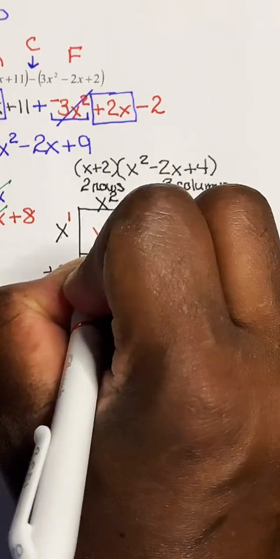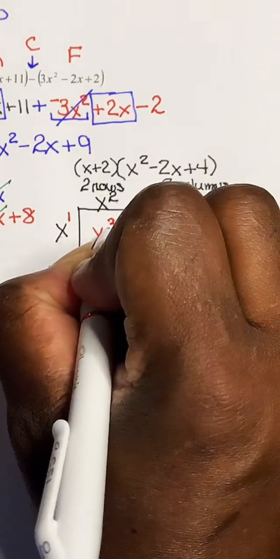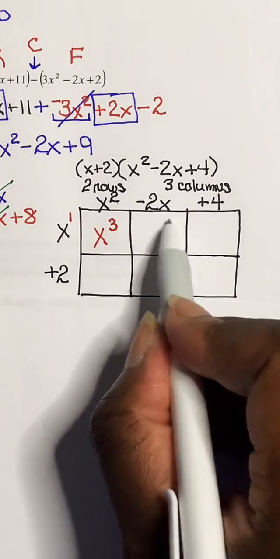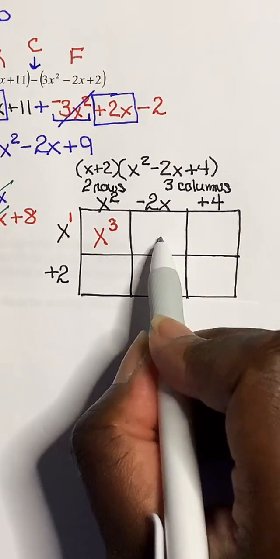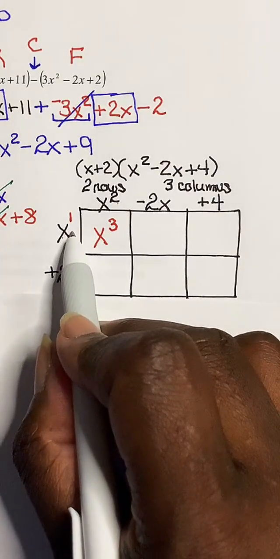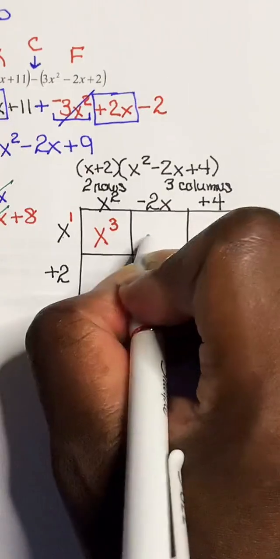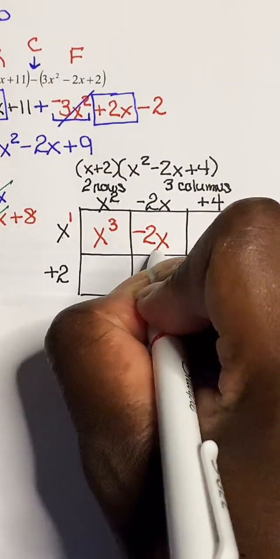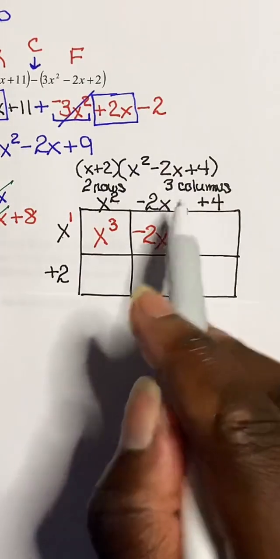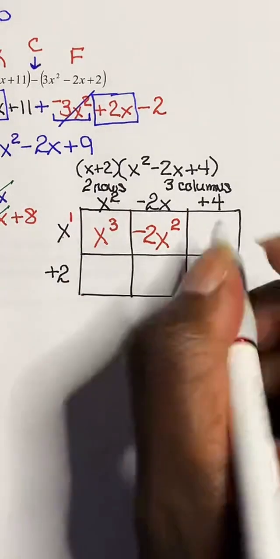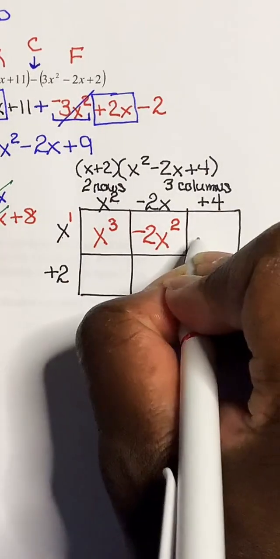So you have your x squared times x. That's what goes in this box. Remember I said you're going to add the exponents. If you don't see a number, it's assumed that a 1 is there. So that gives me x to the third power, or x cubed. To fill this box, I need to multiply negative 2x times x.